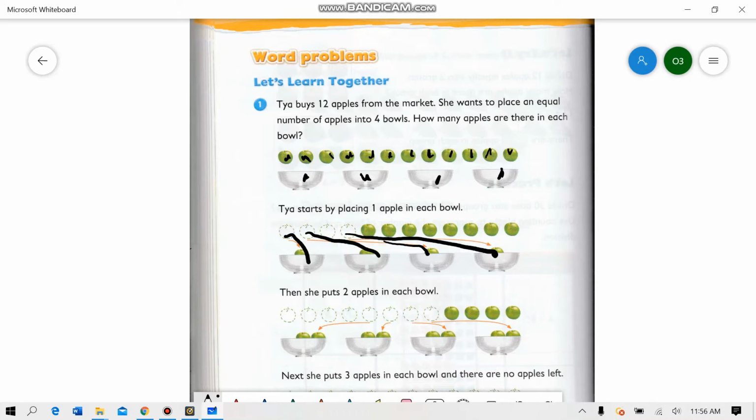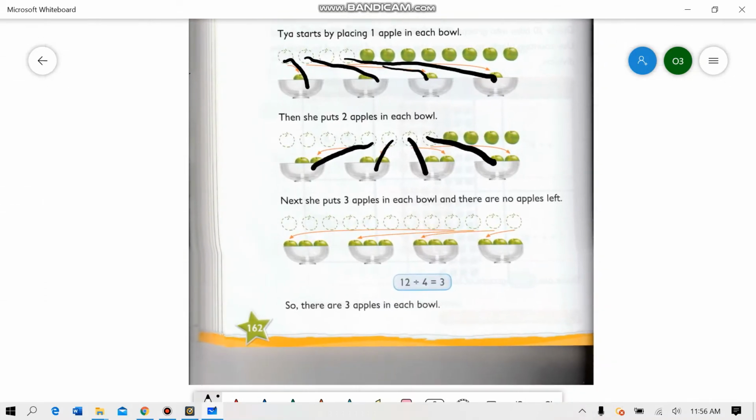Then she puts 2 apples in each bowl. So another apple. Next, she puts 3 apples in each bowl. So another 1, 2, 3, and 4. Okay. So we can write the number sentence as 12 divided by 4 equals 3. And there are 3 apples in each bowl.